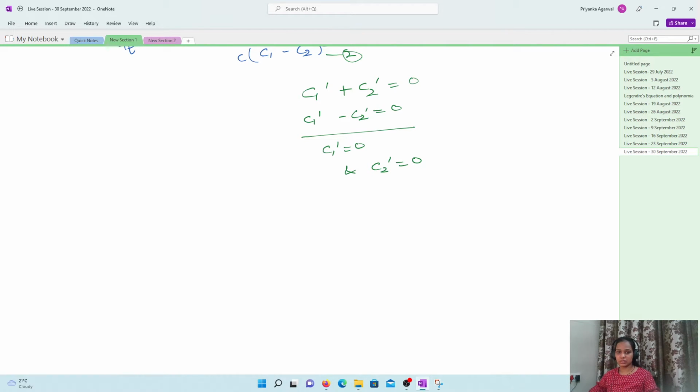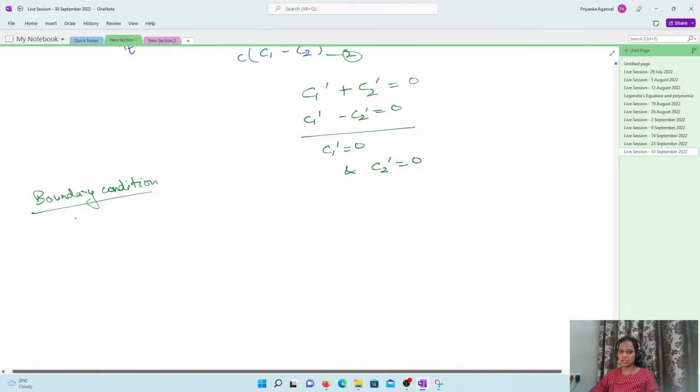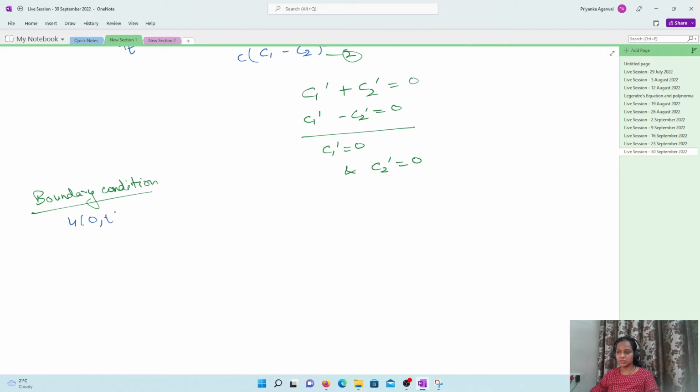Okay, but now let's see by applying the boundary condition. Now if you apply the boundary condition, at u(0,t) we have some u of t.